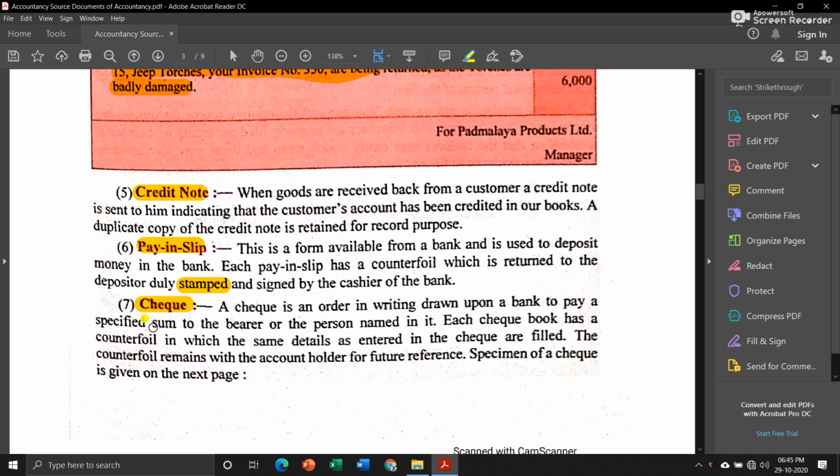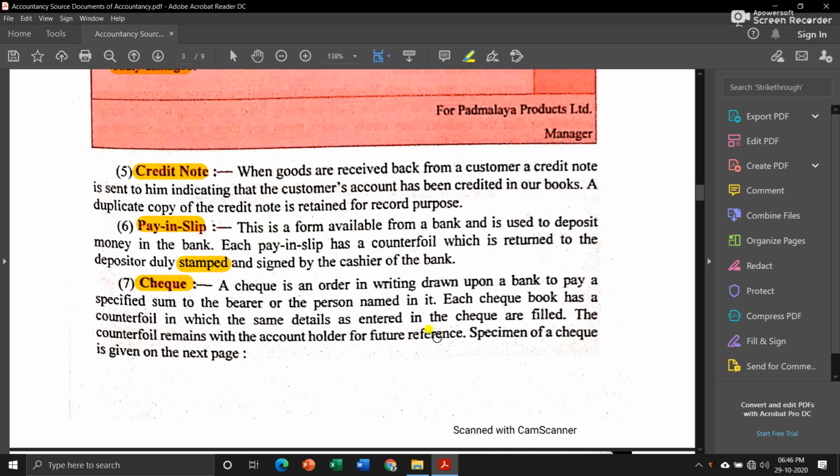A check is nothing but an order given to the bank persons to hand over a certain sum of money mentioned in that check to the person holding that check, or if a particular name is mentioned in that check, the amount of money will be payable to that particular person.